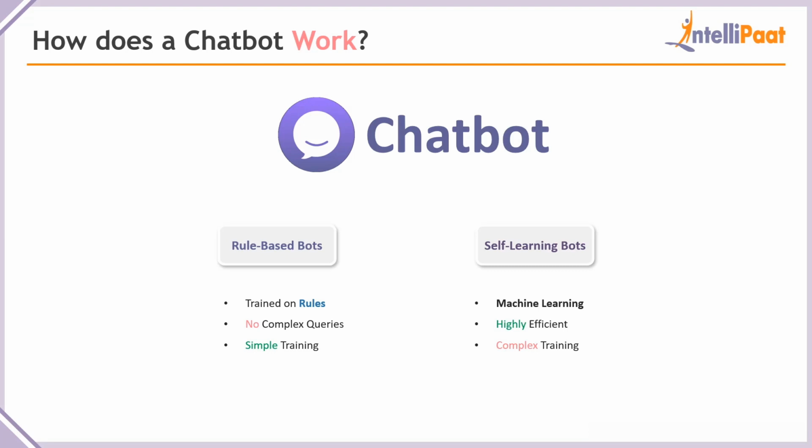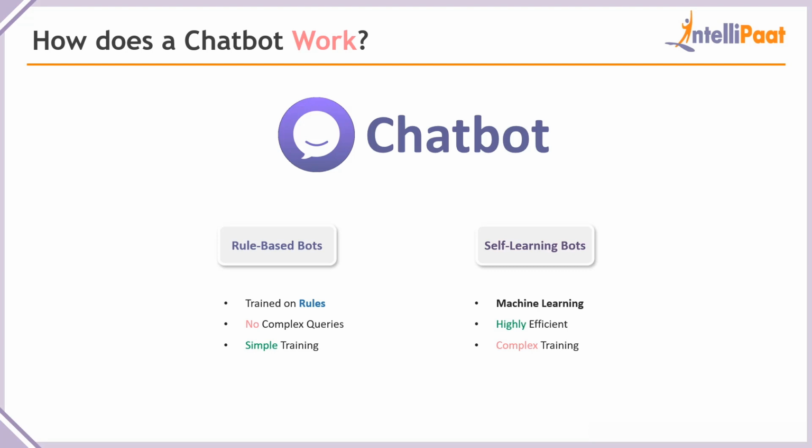Your bot will recognize the words where is and probably order. And this is a rule which is programmed in the backend which says when you find all these keywords, just give them an answer saying, hey, your order is on the way. Your order is delayed, whatever. So you cannot ask any complex queries to a rule-based bot because it will not have rules in the backend which will help it understand.